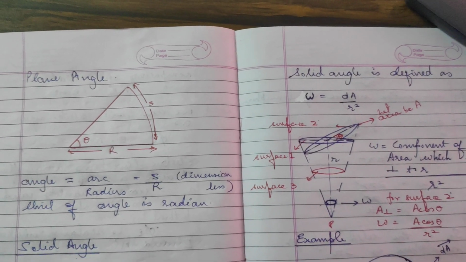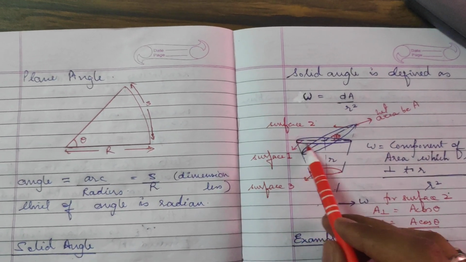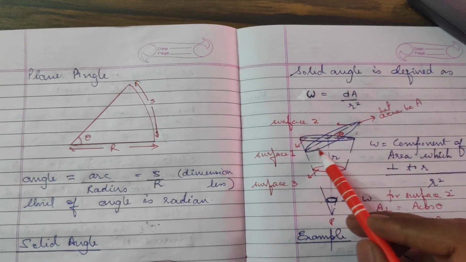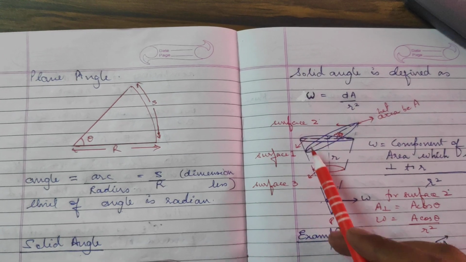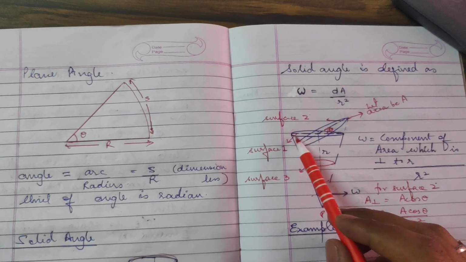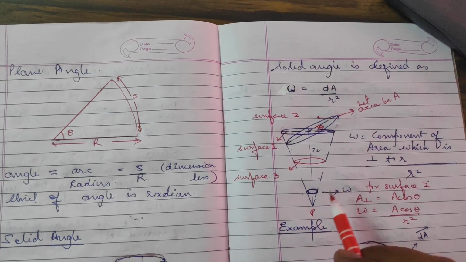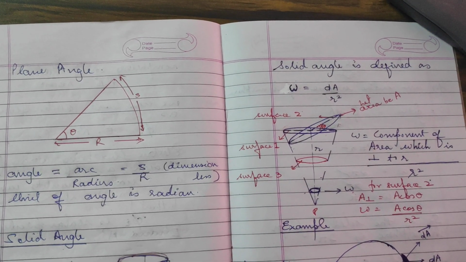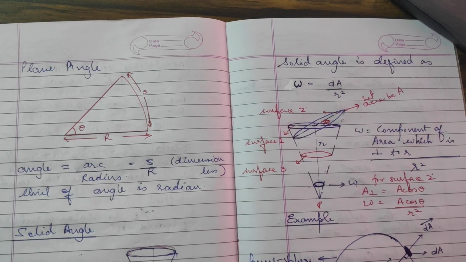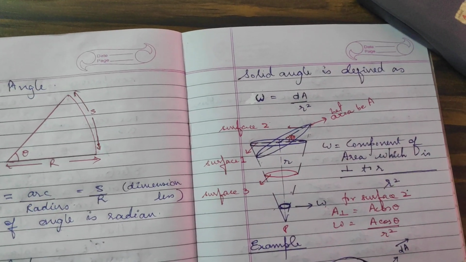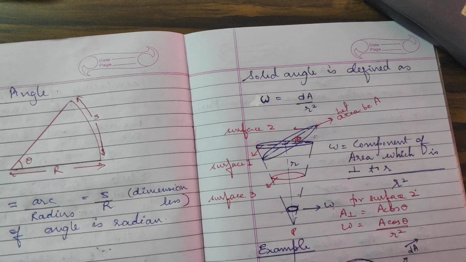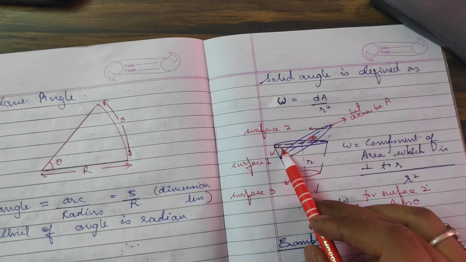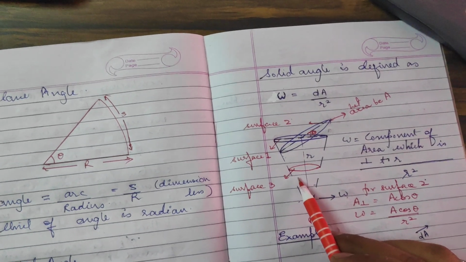Now we see that there are three surfaces over here: surface 1, surface 3, and surface number 2. I will focus on surface 1 and surface 3 first. Surface 1 and surface 3 have the same solid angle omega, and here a confusion arises about what area we should take to find the solid angle, whether the area of surface 1 or the area of surface 3.